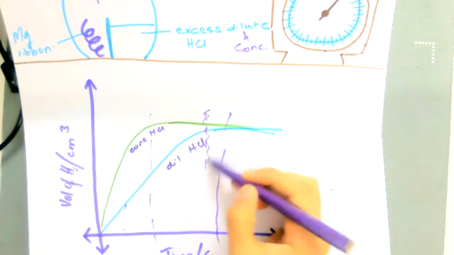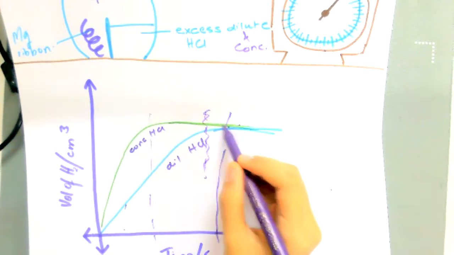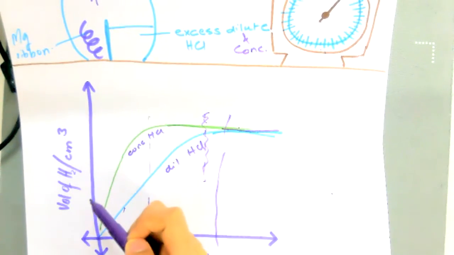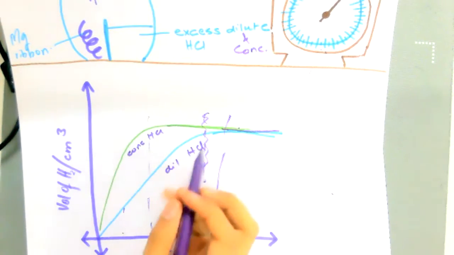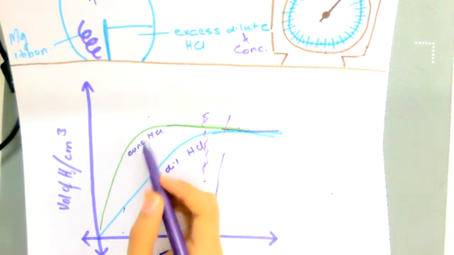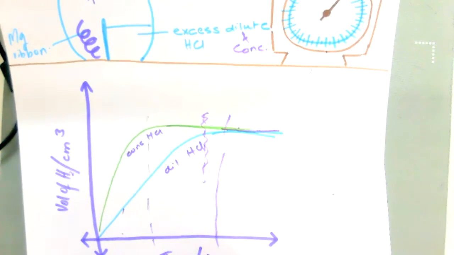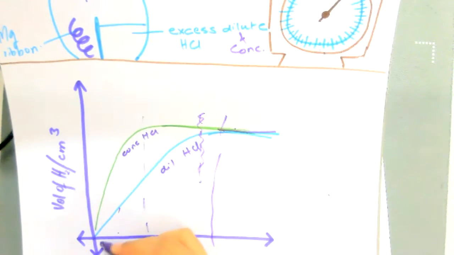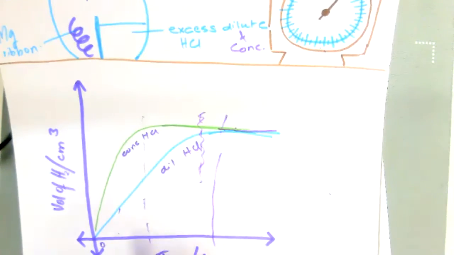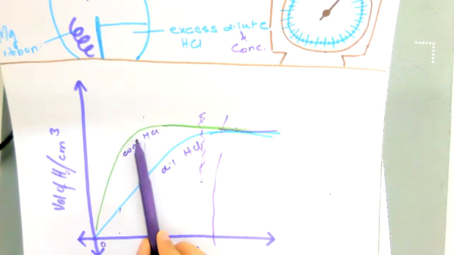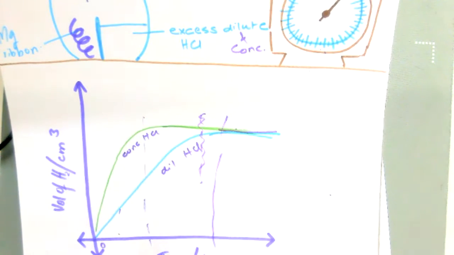This one ends here. They both ended up with the same volume of hydrogen produced, but the rates of reaction were different. You can see that this one ended first. The time taken was less because over here we have 0, and the axis increases this way. So less time was taken for the concentrated hydrochloric acid than for the dilute.